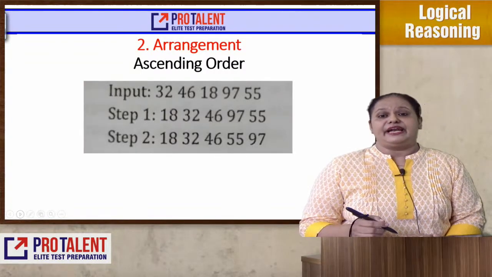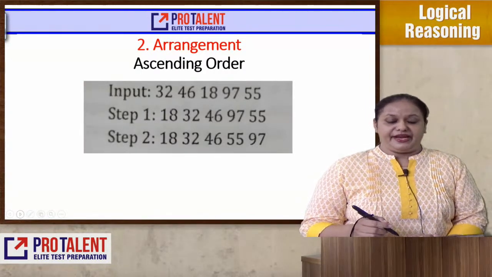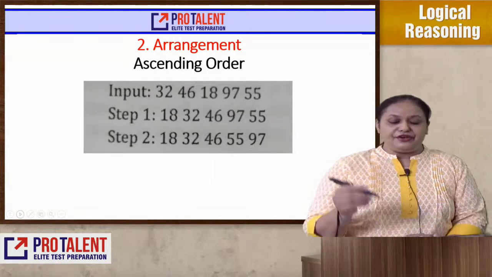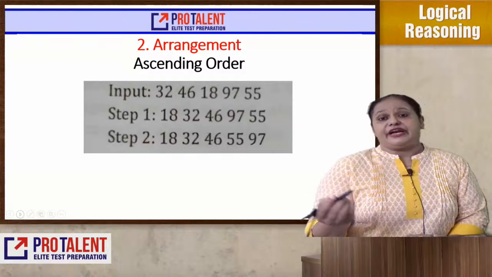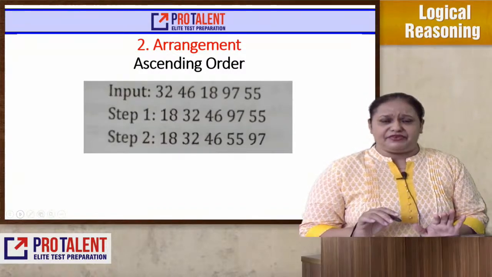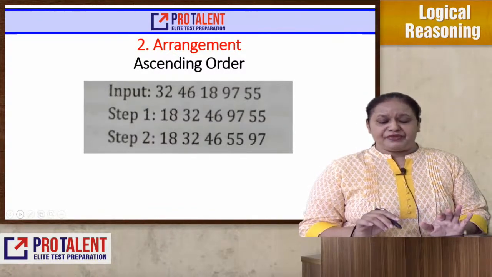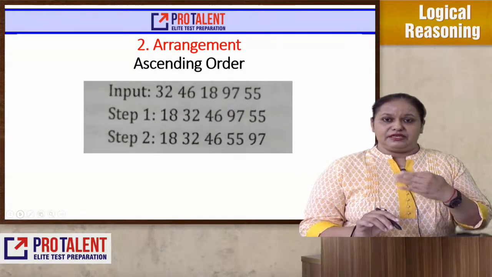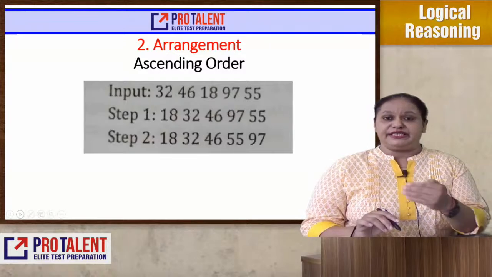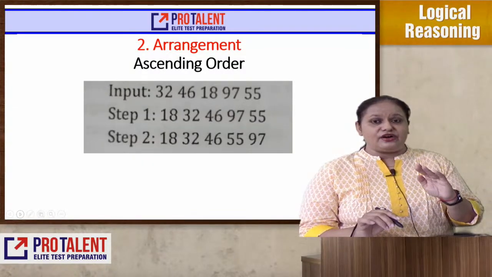There could be an ascending order. Here, can you tell me what would be the step? If we are dealing with numbers, very basic, input has been given to you and we are arranging the numbers in ascending order. What is ascending order?